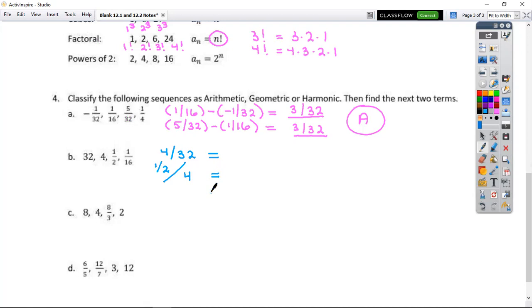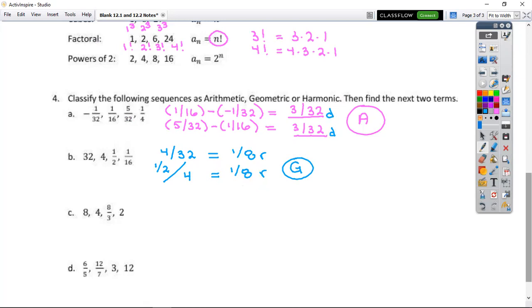So 4 over 32, math, enter, enter, is 1/8. And then 0.5 divided by 4 is also 1/8. So this is geometric because it has a common ratio of the 1/8. And then this was your difference, just in case you want those.